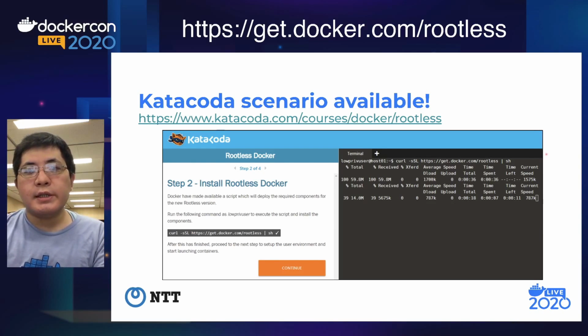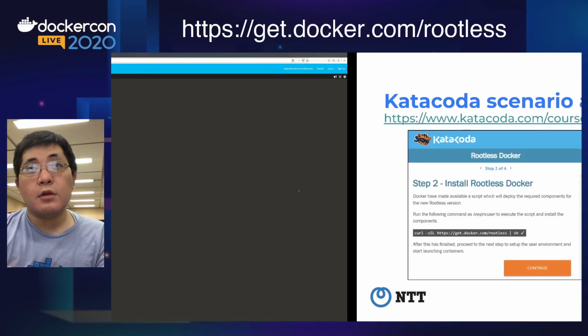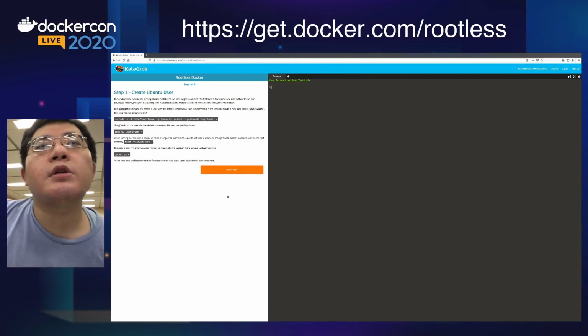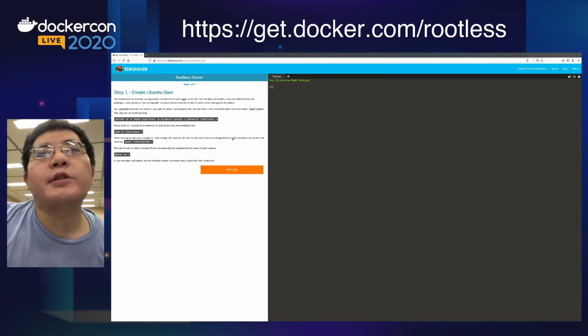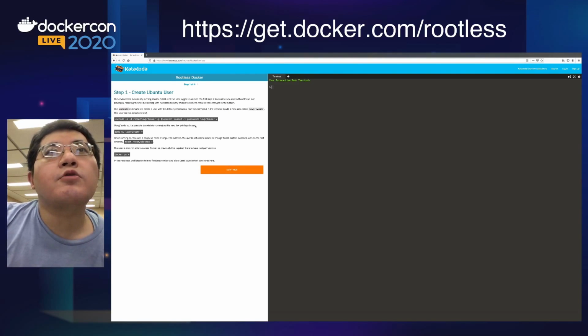And also there is a Katacoda scenario for rootless mode, so you can try installing and running rootless mode in a web browser. It's available free and very easy. So you don't need to type any command from keyboard. You just need to click these commands on the screen.